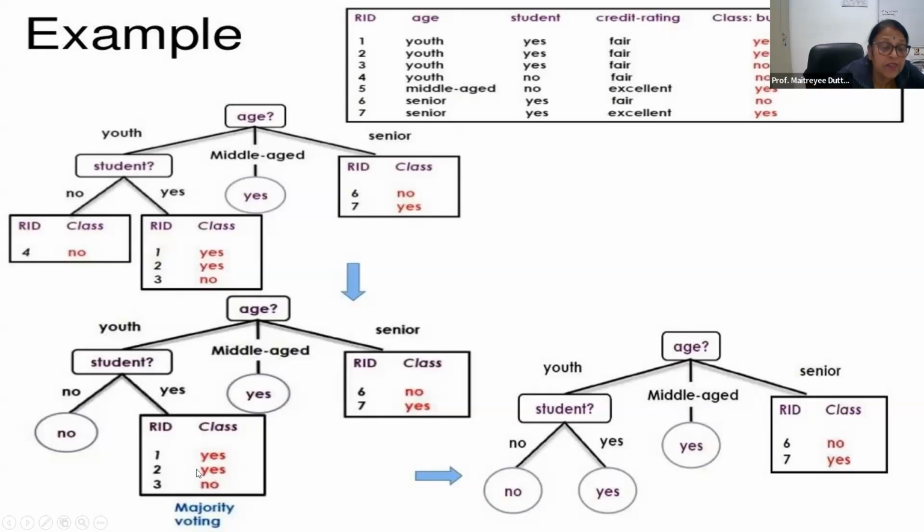Even if you use the credit rating, you will still get yes or no, because all these are fair only. There is no fair and excellent here, on which the values would be different. So here we will take the majority voting. Here we have seen the majority voting is yes. That's why your classification will be yes, right?